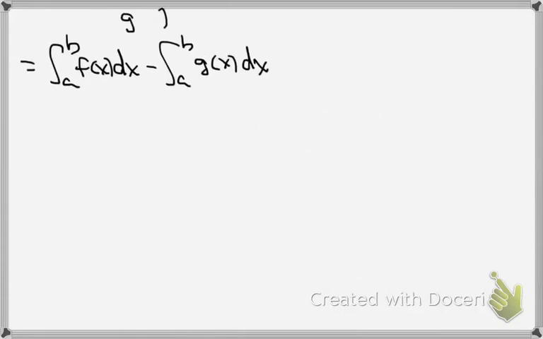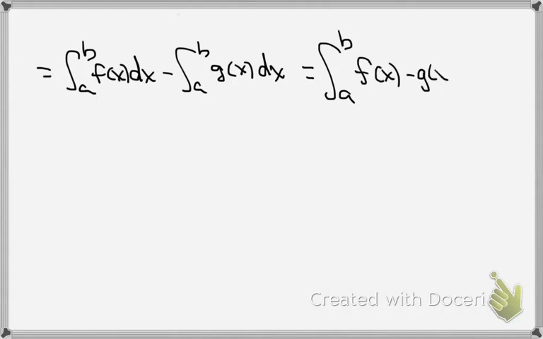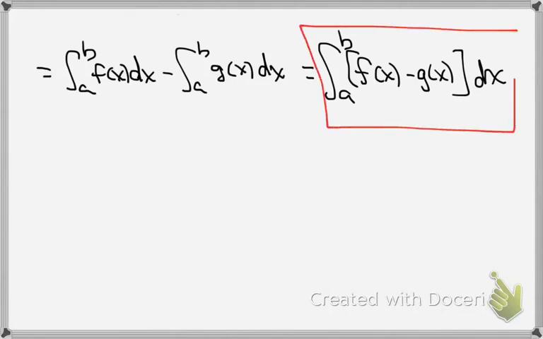Just clean this up a little bit here. Because this is the same thing as the integral from a to b of f of x minus g of x dx.